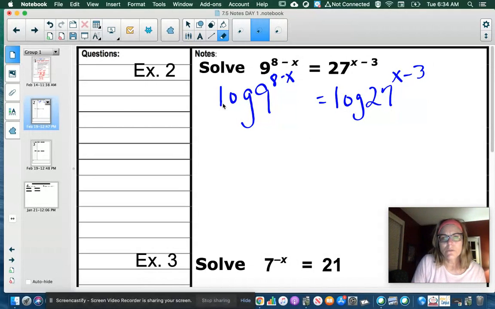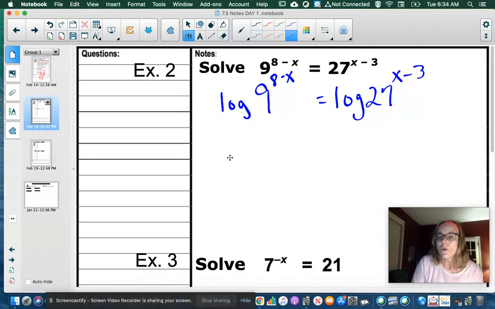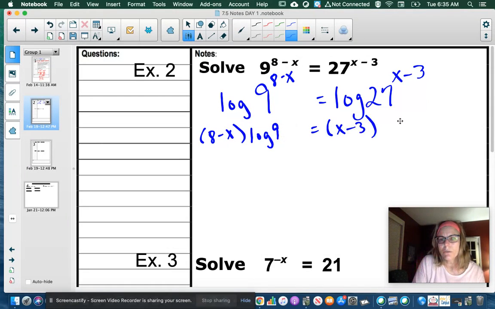I'm going to fix this just a little bit because it looks like the LOG is flying away here. There we go. All right. On each side, we can play baseball or use the power property. And I'm going to bring the 8 minus x, I'm going to put that in parentheses just because it's a binomial, and I'm going to have to distribute it eventually here.